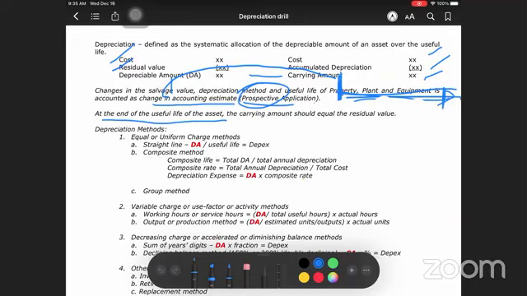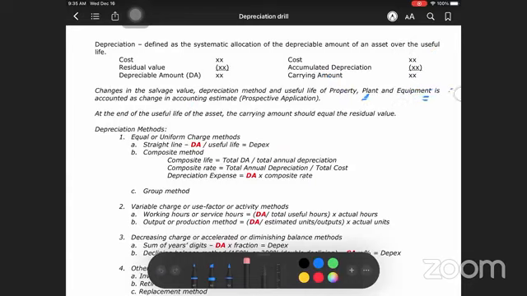So take note that under depreciation method, our base amount, diba? The base amount, okay, in depreciating your property, plant, and equipment, the base amount or katong basihan nimo nga amount is the depreciable amount. Diba? Take note ha, the depreciable amount. Okay, depreciable amount, which is cost minus the residual value.